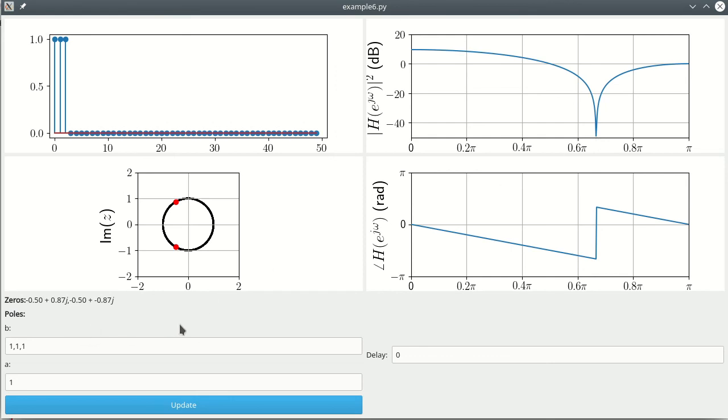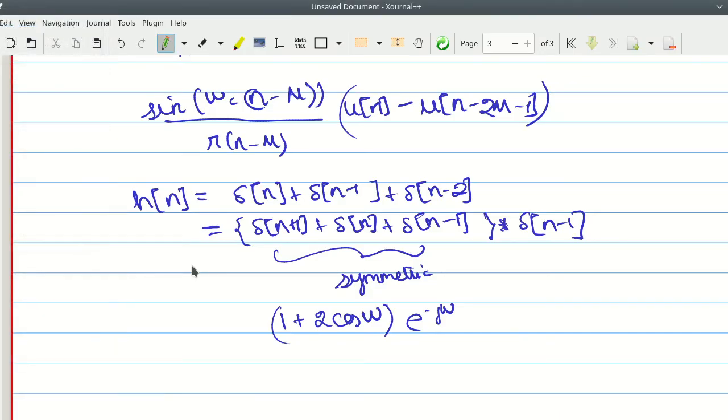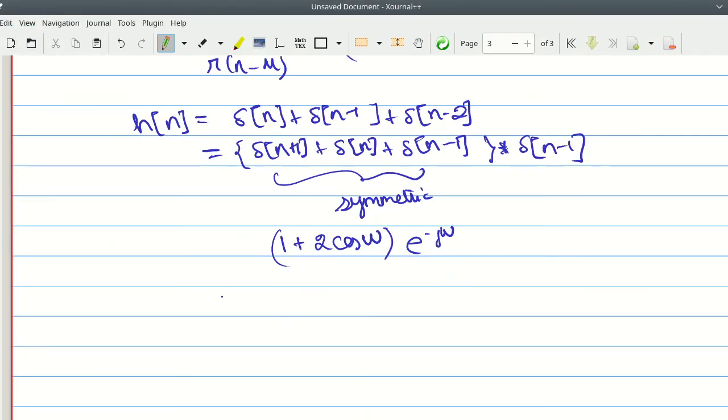Now where does the filter response go to 0? In fact, you can find that out easily. It goes to 0 at these points, which is actually 2 pi by 3 and 4 pi by 3, but I will prove that to you. So where does 1 plus 2 cos omega go to 0? Cos inverse of negative half.